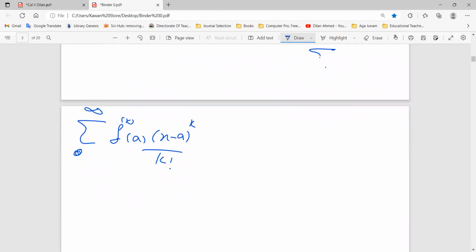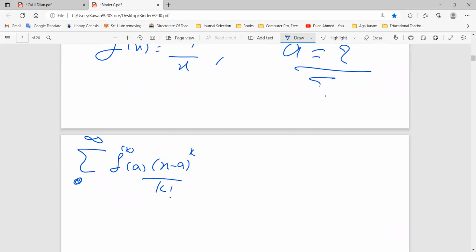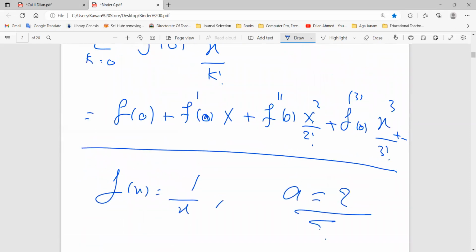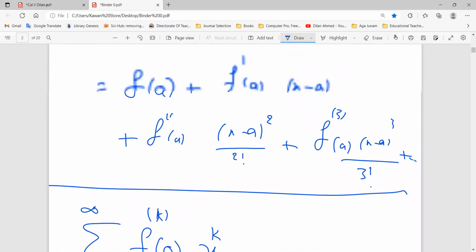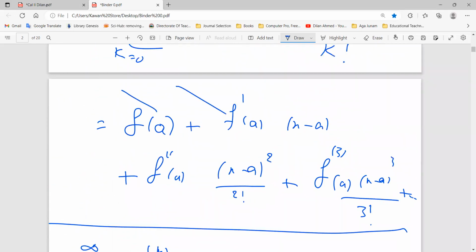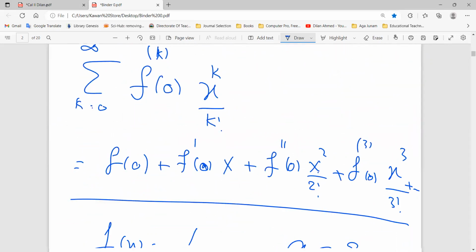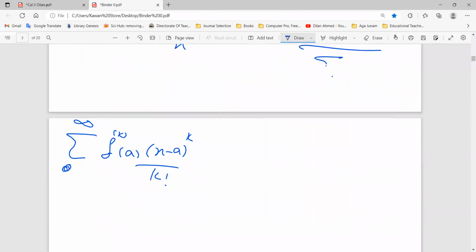And before you expand anything, during the expansion we need the function, derivative, second derivative, third derivative. So at the beginning we are going to deal with f. We find f, f prime, f double prime, then we substitute the value, then we use it to expand the formula.